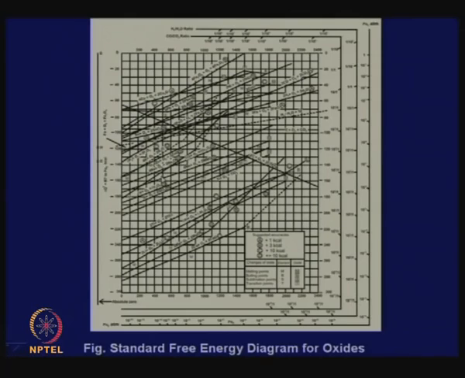All you have to do is to subtract one value of free energy of formation from the other. I will explain that later on, but please take note that all these lines represent values of free energies of formation of the compound when the reaction is written in terms of 1 O2. So, the reaction is Ti plus O2 gives TiO2.